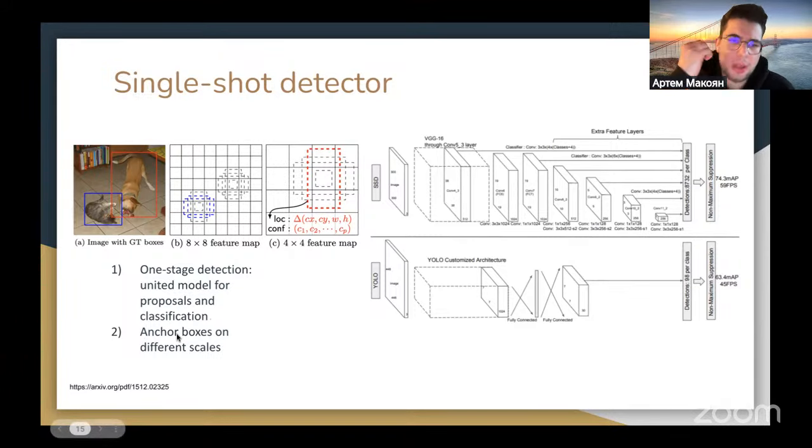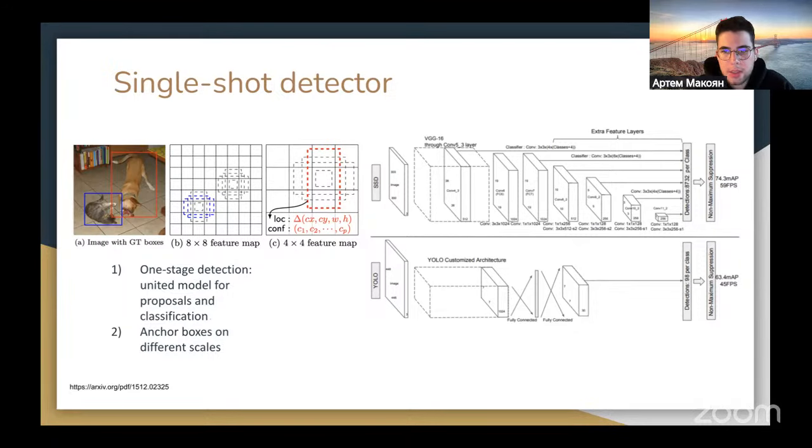What's new is that we do anchor boxes on different scales. Because what's the problem? On the image, we can find small objects and big objects. If we take small anchors, we wouldn't cover big objects. And if we take big ones, then big bounding boxes would be very bad for small objects, and we wouldn't cover them either, because intersection over union would be very bad.